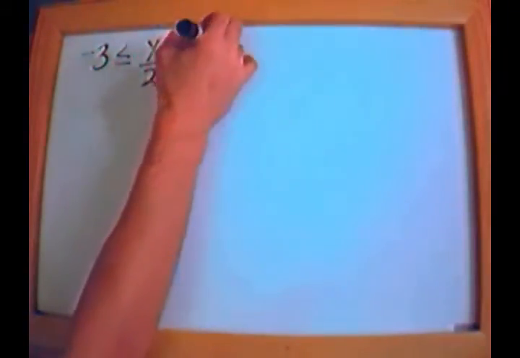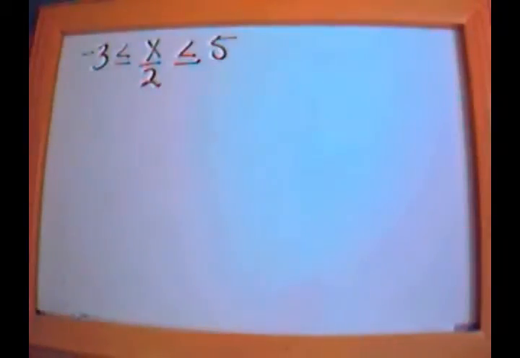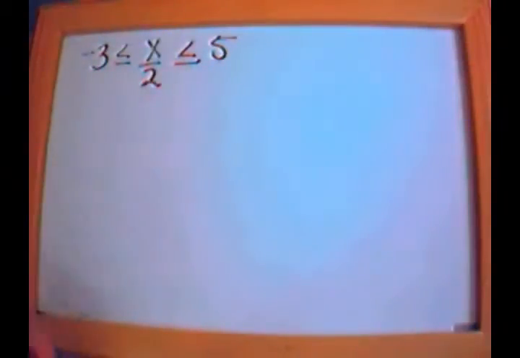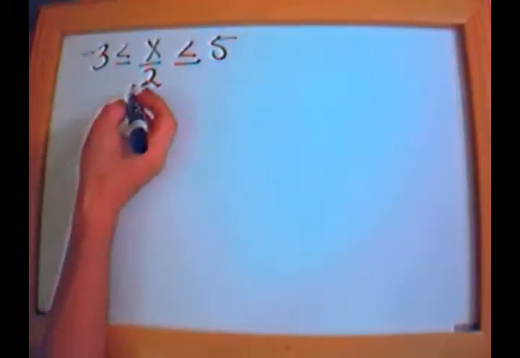What if we had negative 3 less than or equal to x over 2, which is less than or equal to 5. Well, how do I get x by itself? I'm going to multiply all quantities by 2. If I multiply by 2, the 2's are going to drop out in the middle, and then I'm going to just end up with what I end up with on the ends.